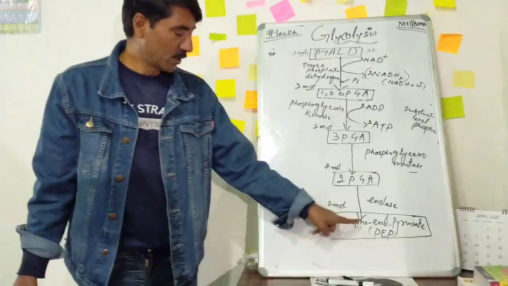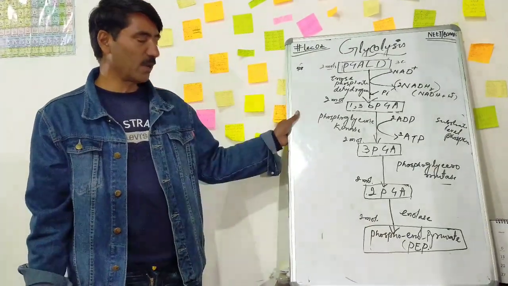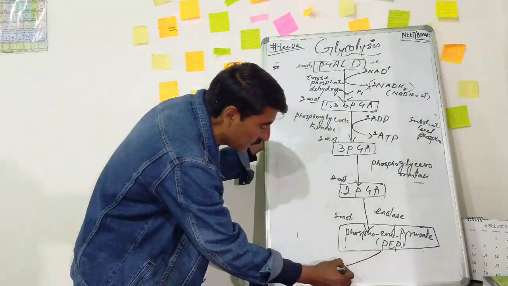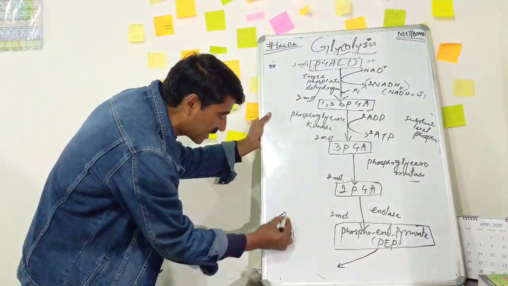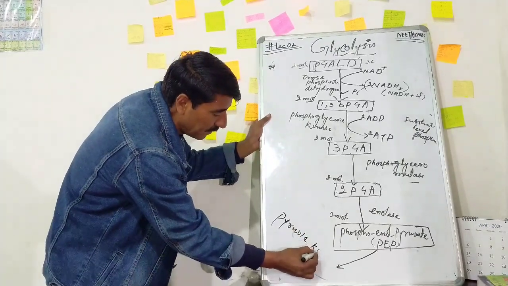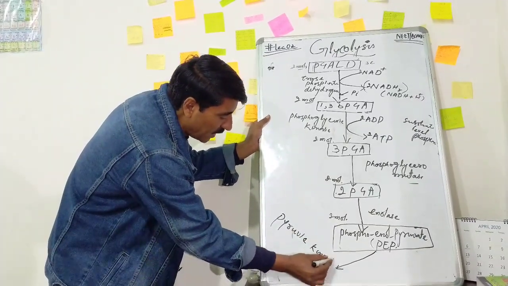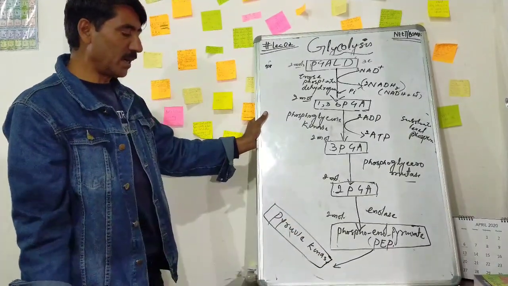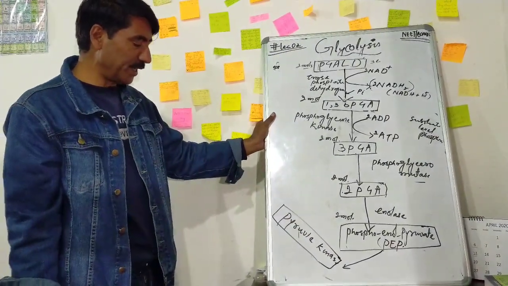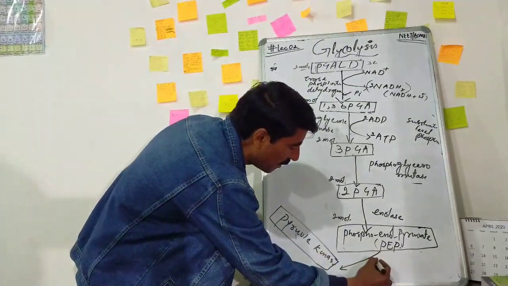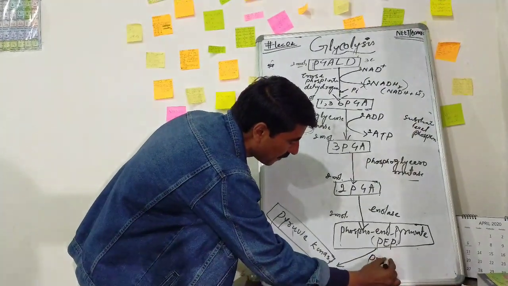Now these 2 molecules of phosphoenol pyruvate get converted into 2 molecules of pyruvic acid. This is the end product of the glycolytic pathway. Phosphoenol pyruvate gets converted into pyruvic acid in presence of the enzyme pyruvic kinase.